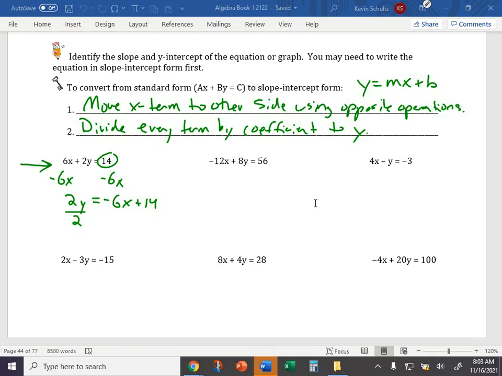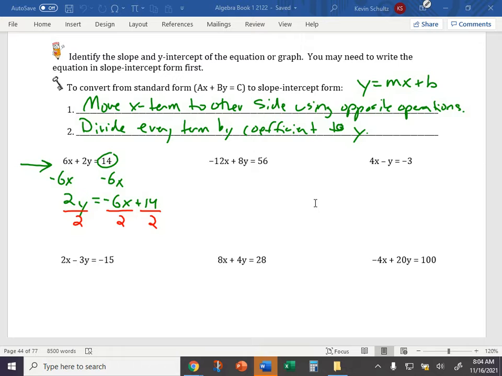I'll do this in red so you can see it's an action step here. What's the word before y? Coefficient. 2. And so we're dividing everything by 2. So divide by 2 there, divide by 2 there, divide by 2 there, right? We have to divide everything, otherwise the value of this equation is going to change.